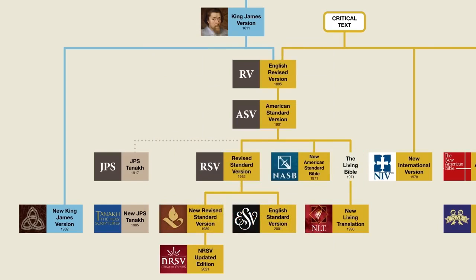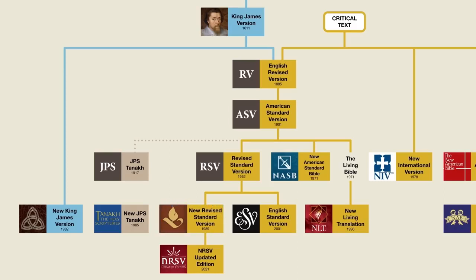The Revised Standard Version was replaced in 1989 by the New Revised Standard Version. Both of these are published by the National Council of Churches, which is an umbrella organization that represents most of the mainline denominations in the United States. Now, at this point, I should probably explain the term mainline.